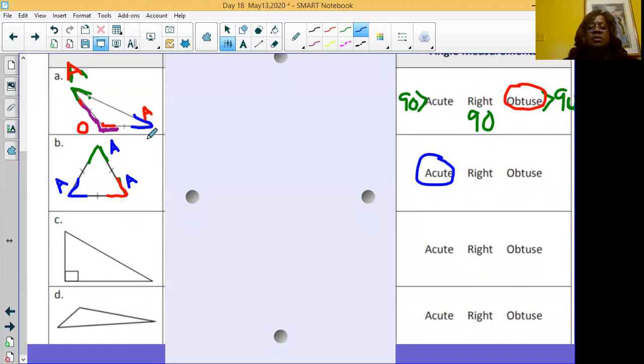Okay, let's go to our next triangle. All right, let's take a look at it. Oh, I see something very special going on here. Let's look at this one. I have an angle right here.